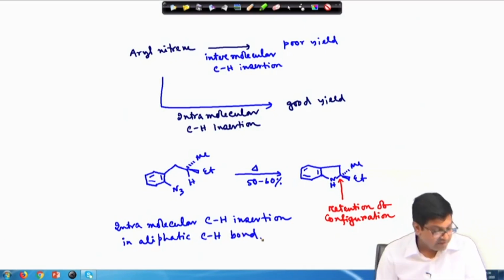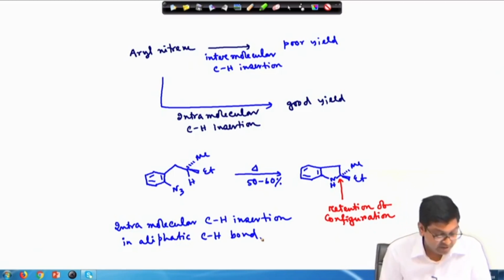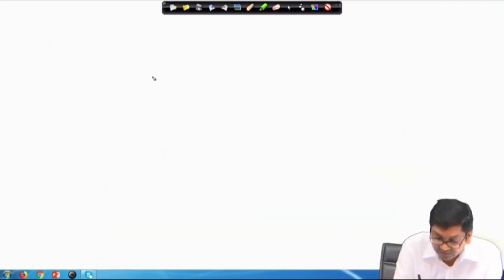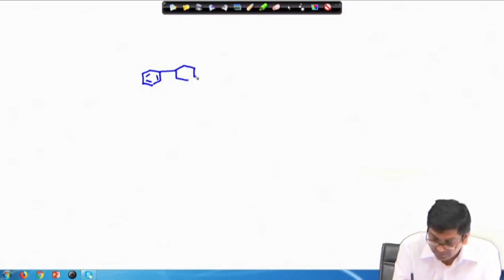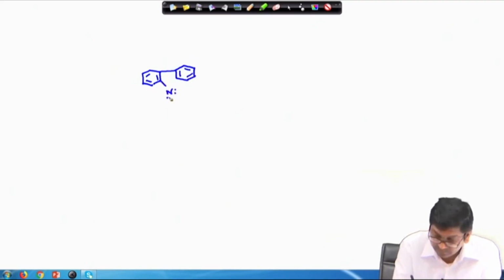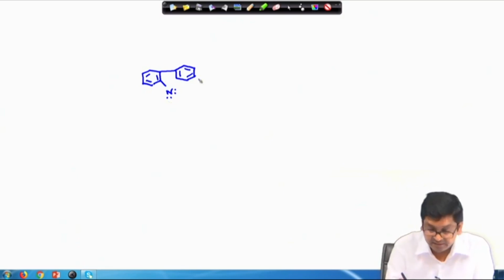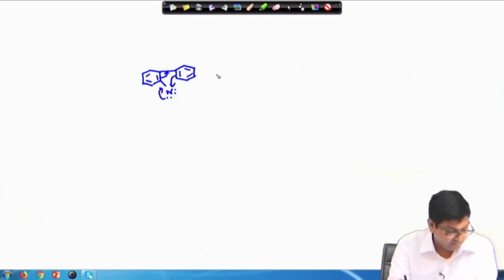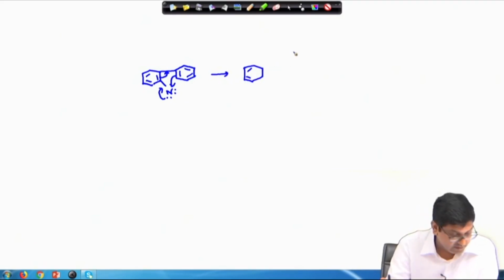Now, we will see some intramolecular insertions of nitrene into aromatic carbon hydrogen bonds. As per example, if we take this substrate, this biaryl nitrene, in that case this can react in this way and will give this intermediate.